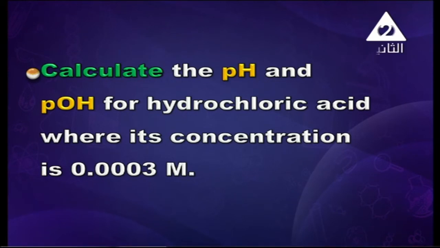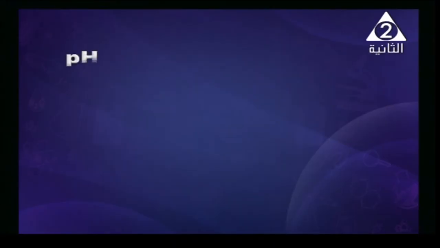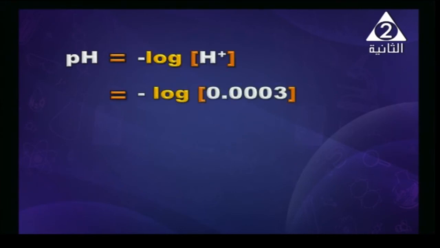My dear student, remember that the acid here is strong and completely ionized, so the concentration of the hydrogen ion equals its concentration. So by solving this problem, pH equals negative log the concentration of hydrogen ion, which is negative log its concentration, so negative log 0.03 equals here 3.52.